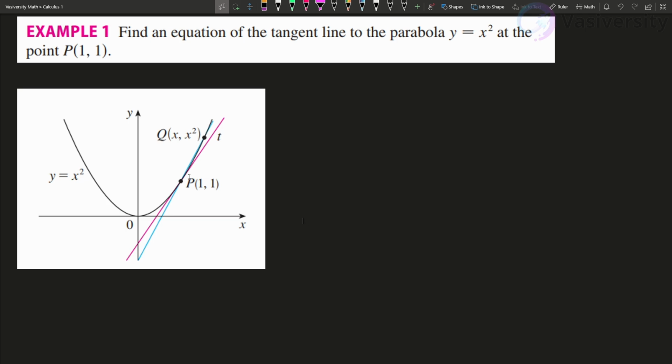Remember, from algebra, we know how to find the slope of a line. We have 2 points, P and Q, so the slope m is going to be equal to (x squared minus 1) over (x minus 1). I'm doing that purposely so we can evaluate as close as we can, because we want to find a slope, and the further we go along the parabola, the less accurate our slope is going to be. For instance, let Q be evaluated at 1.5.